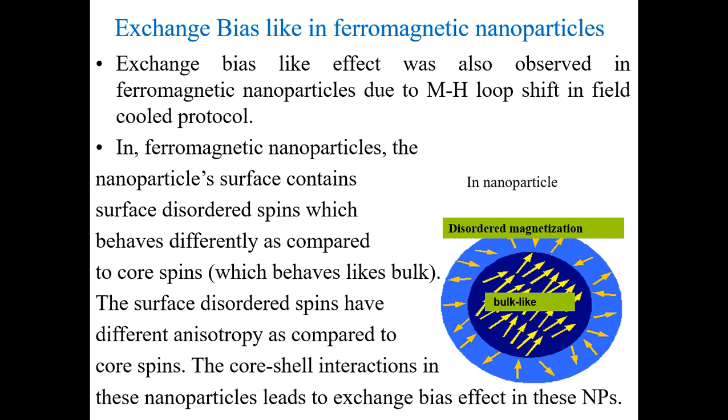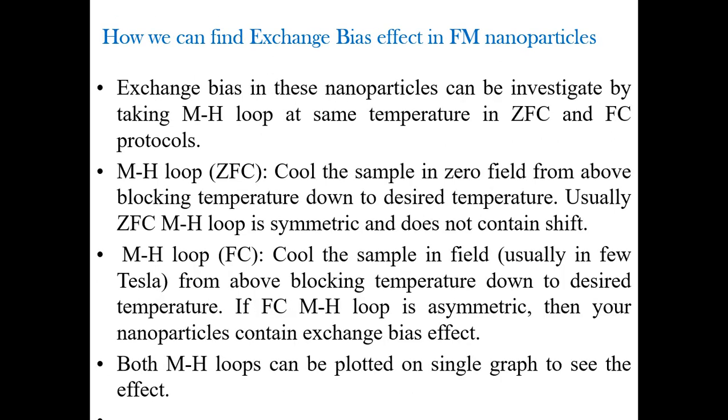The surface disorder spins have different anisotropy as compared to the core spins. So the core interactions in these nanoparticles are responsible for this exchange bias effect in ferromagnetic or ferrimagnetic nanoparticles.